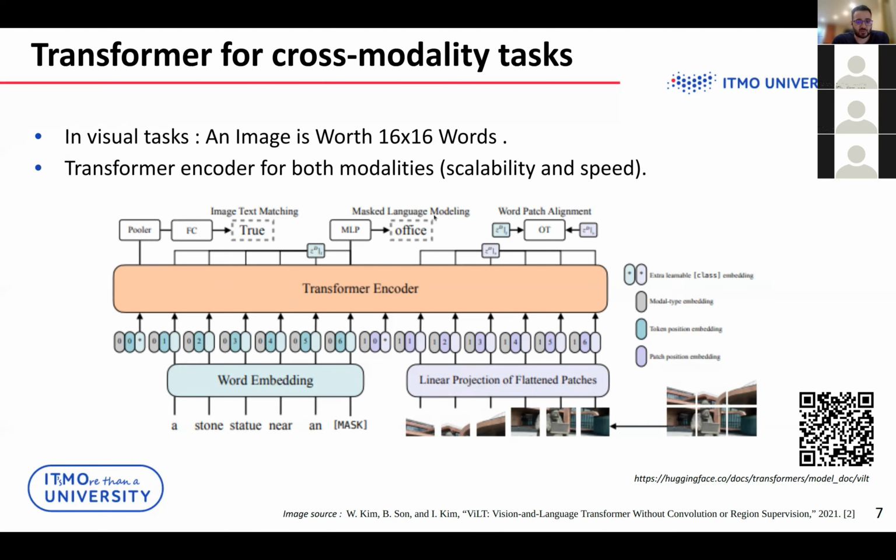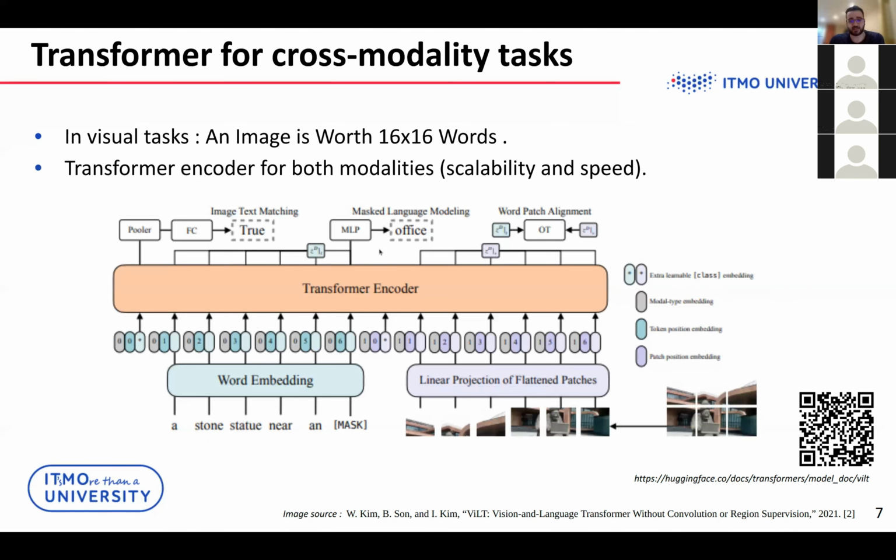We have masked language modeling, which is interesting. It is a generative task for the textual modality. Basically, you apply a mask to the sentence and you want the model to predict the missing word. So in this example, "a stone statue near [mask]", and the answer is "office".